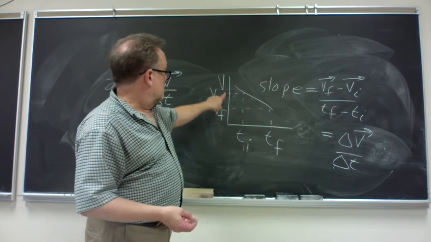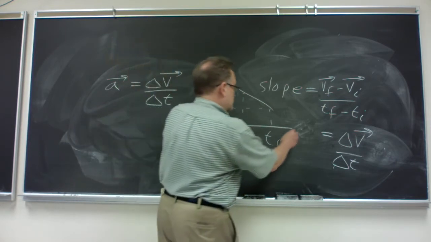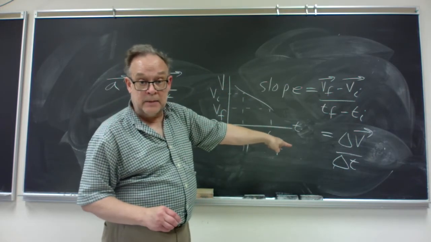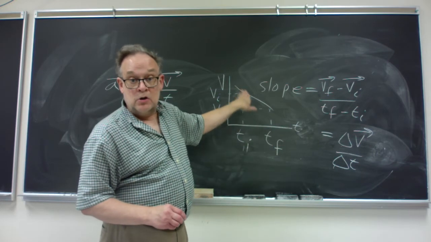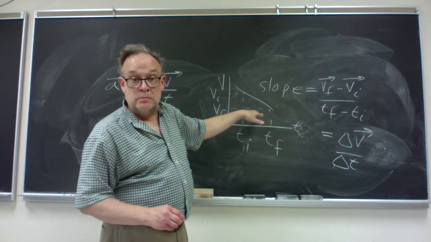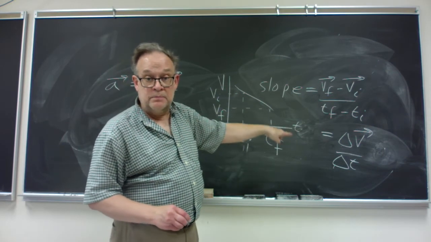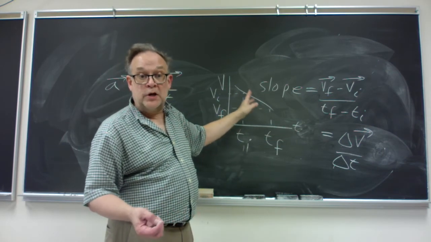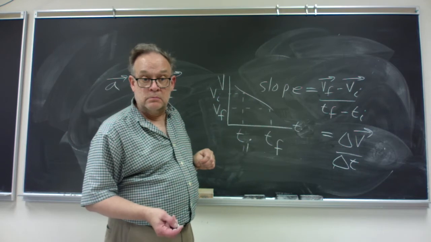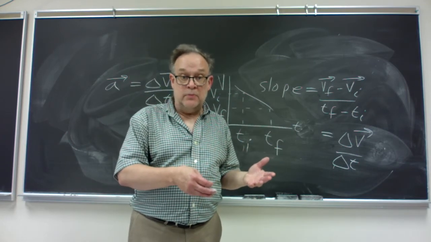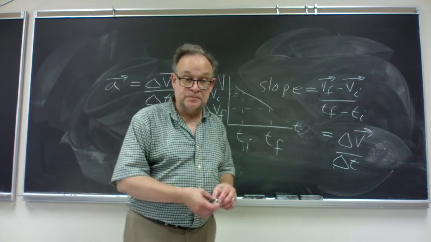Remember, in a graph of anything versus time, slope is the rate of change. So in a graph of velocity versus time, slope is the rate at which velocity is changing, and rate of change of velocity is just another name for acceleration.